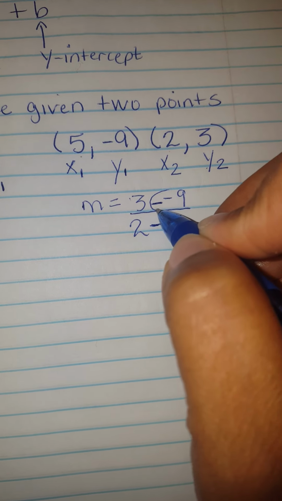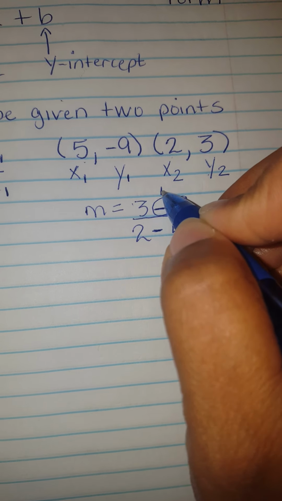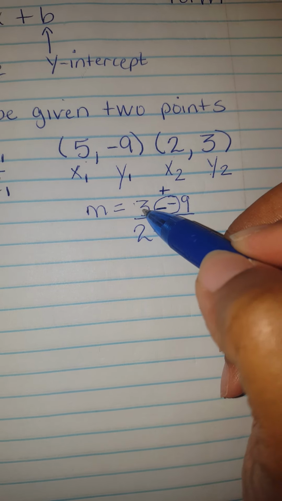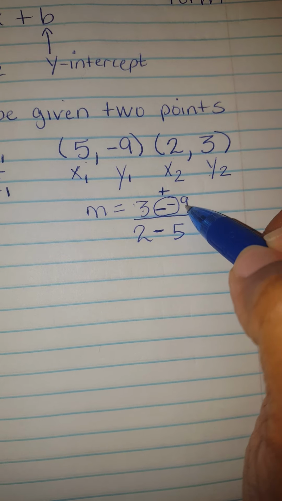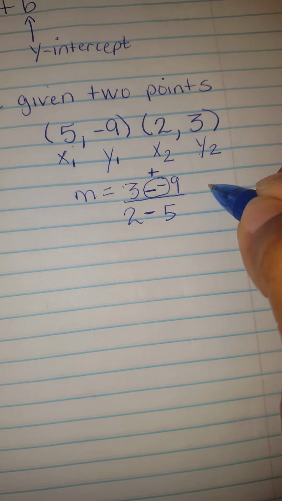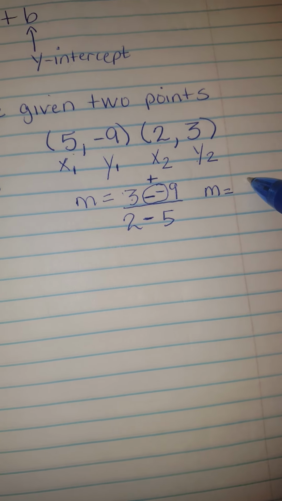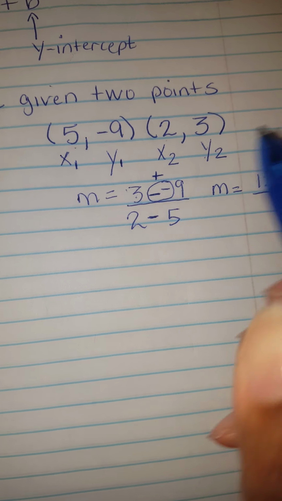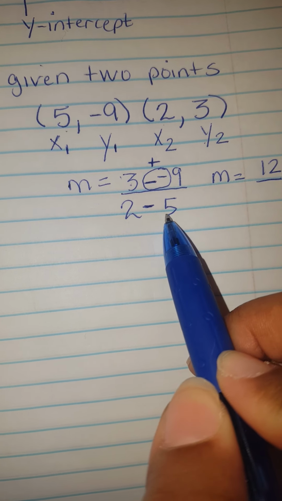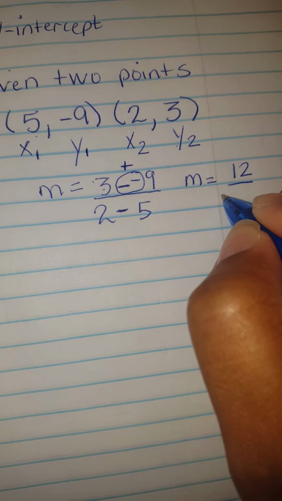Now in math, these two negatives right here make a positive. So we have 3 plus 9. That's going to give us 12 over 2 minus 5. That's going to give us negative 3.